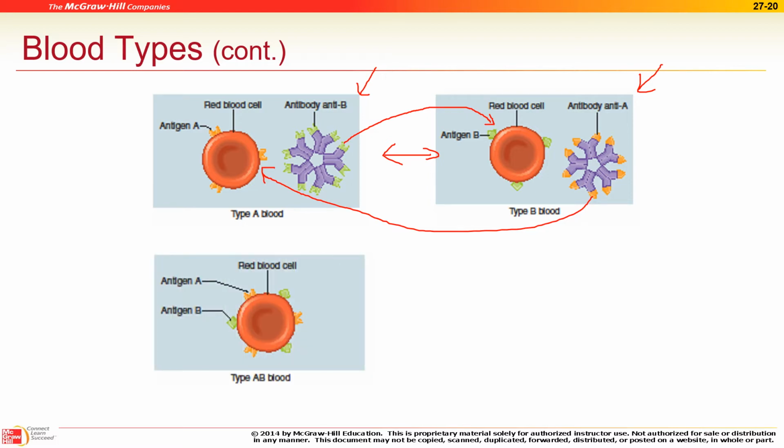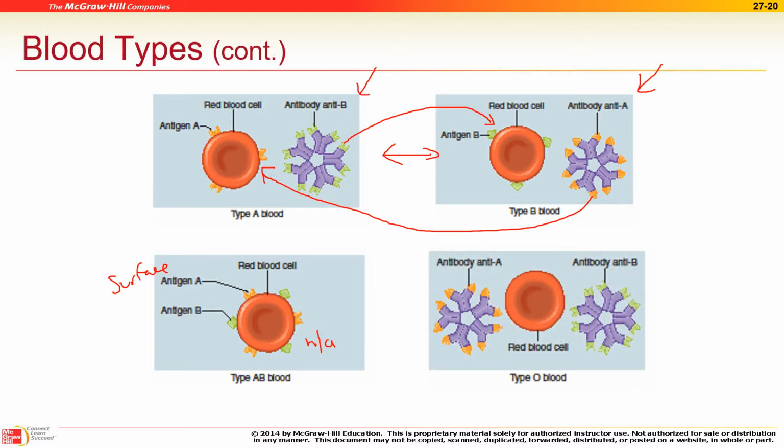In the blood type AB, you have both surface antigens, but you have no antibodies in the blood plasma. And then for O blood type, there's no surface antigens, but you have both antibodies.